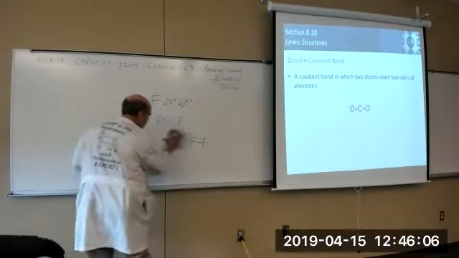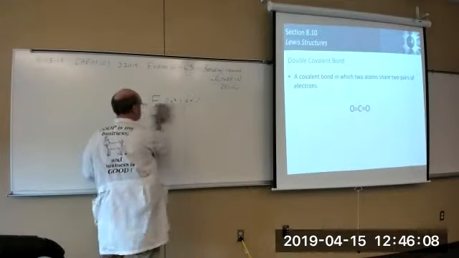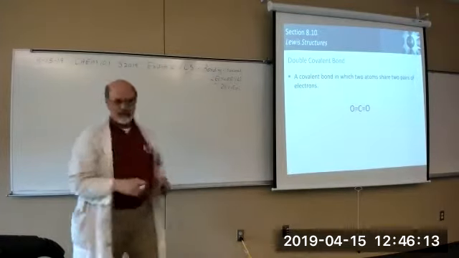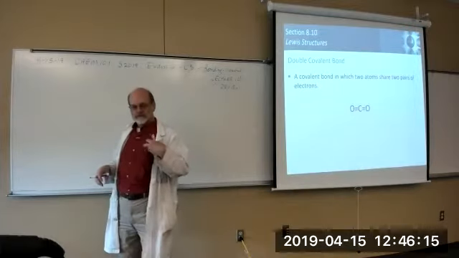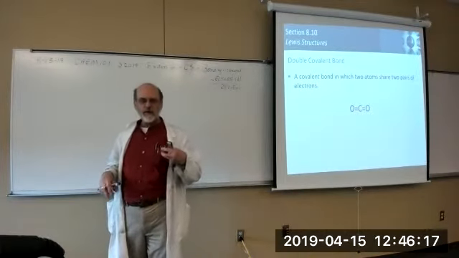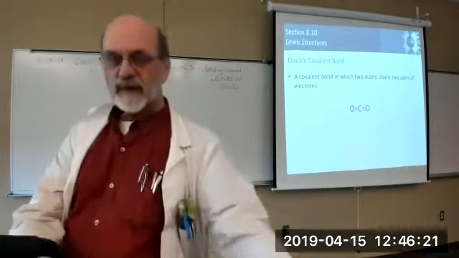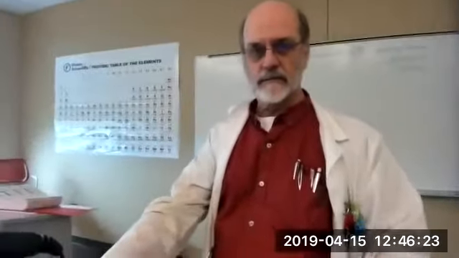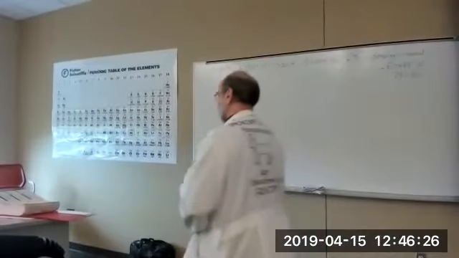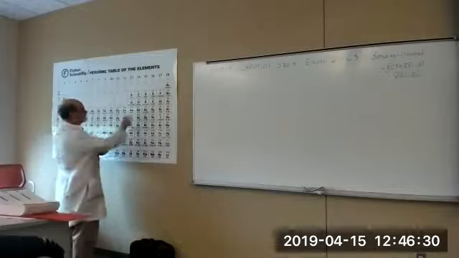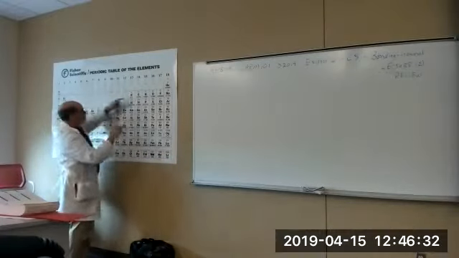So for carbon dioxide, it's a little more complicated. How do we find out how many valence electrons are assigned to each element? The easiest way is to look at the periodic table and just count from the left. So if we've got carbon, 1, 2, 3, 4.